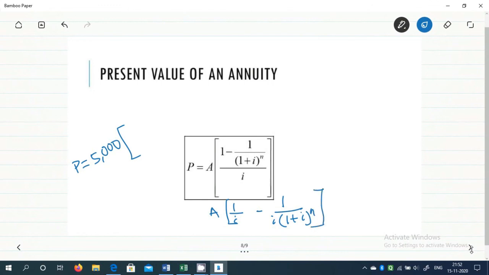I can write it this way also. So I'll write 5000 into 1 by 0.10 minus 1 by 0.10 into 1.10 to the power 4.